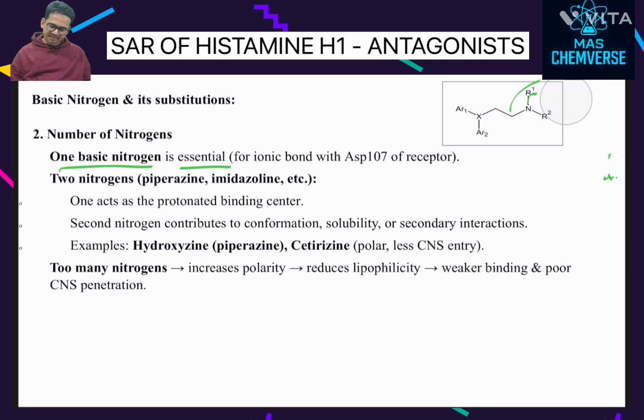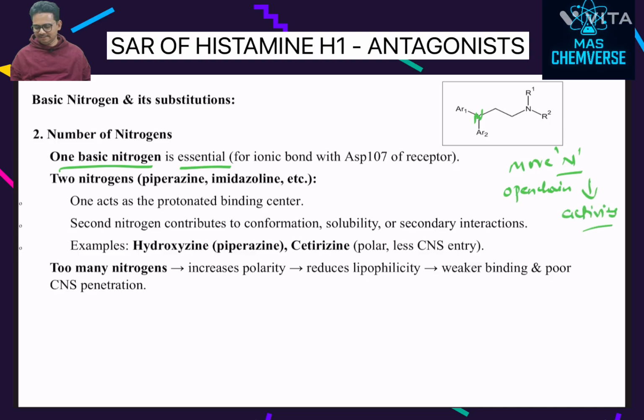But if they are in the open chain form, with one nitrogen here, one nitrogen there, and in another compound one more nitrogen, more nitrogens but in open chain form, it decreases the activity. Remember that.